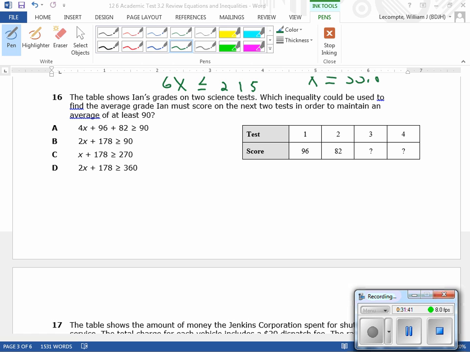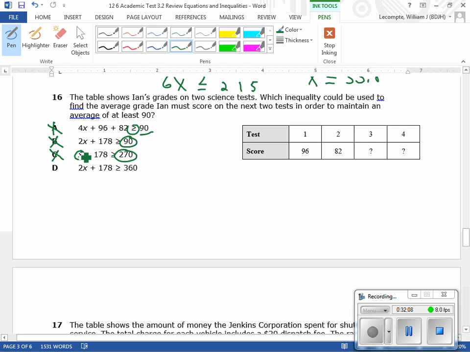I'm going to say B is wrong just because of the 90. And I'm going to say C is wrong because of the 270, because this doesn't give me an average score. Right? So I'm going to pick D, because I know that 90 times 4 is 360.